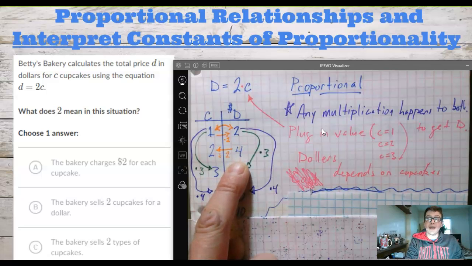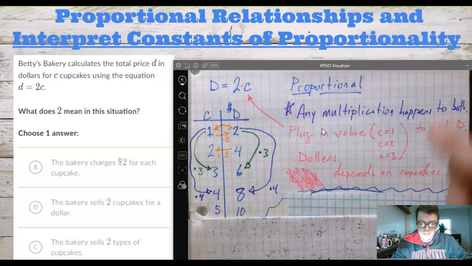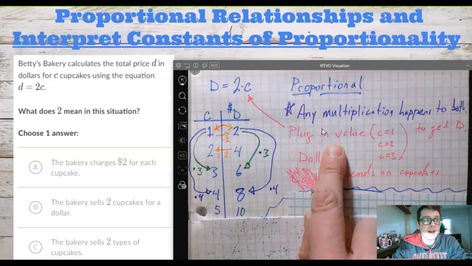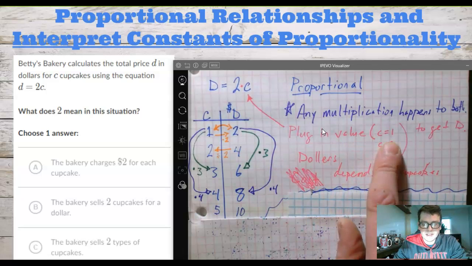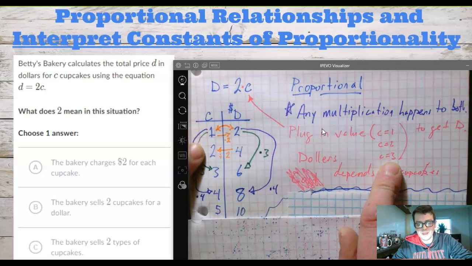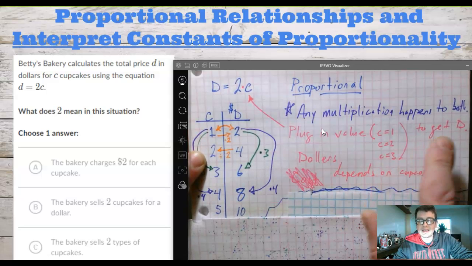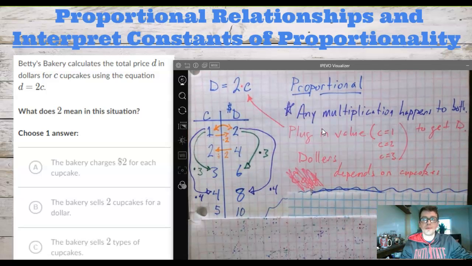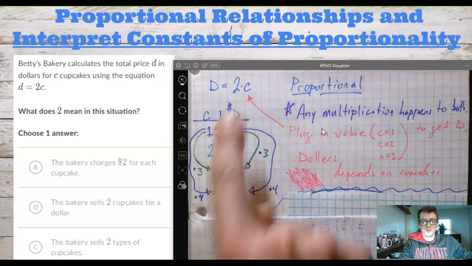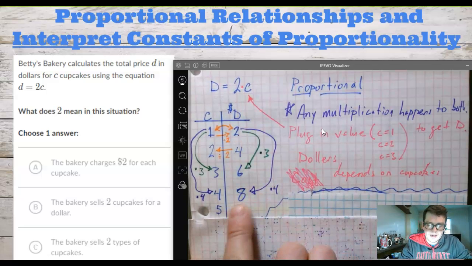I'm doing the math. So I'm plugging in values for C, like C equals 1, C equals 2, C equals 3. These values on the left-hand column, I'm plugging in and getting D by doing the multiplication. So I'm doing 2 times whatever I plugged in for C, and I get the D.